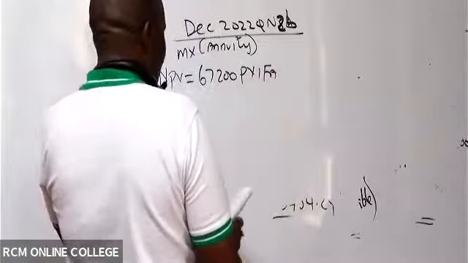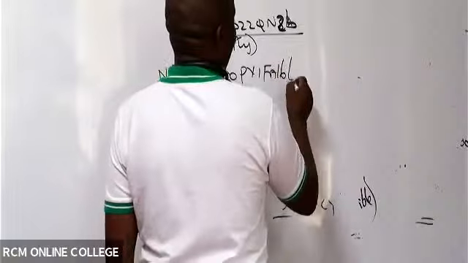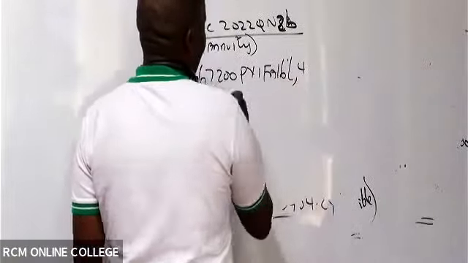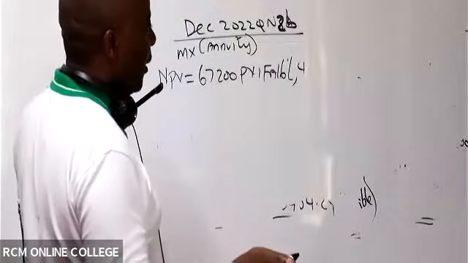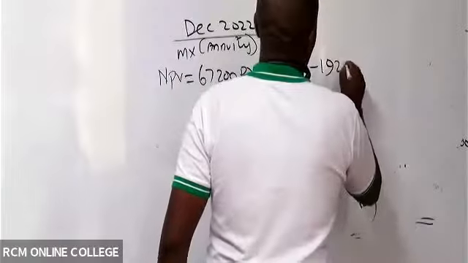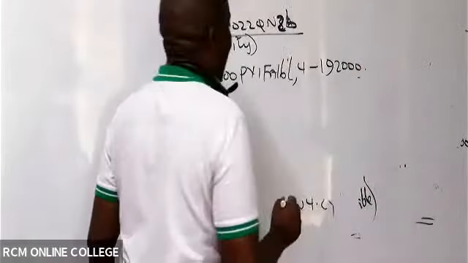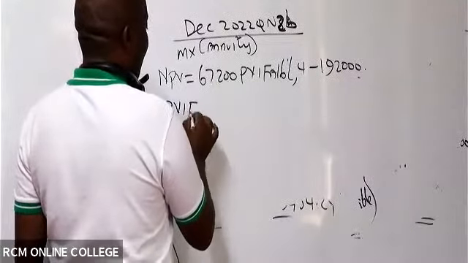Have they given us the cost of capital? 16%. How many years are we getting this 67,200? 4 years. Minus the initial outlay, which is 192,000.